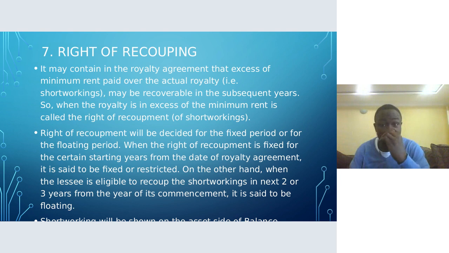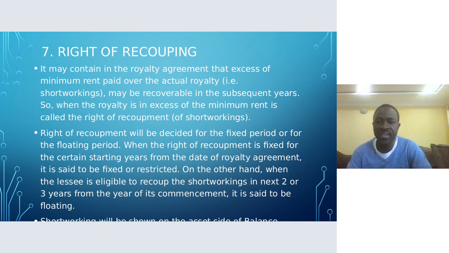Now, the right of recoupment will be decided for the fixed period or for the floating period. When the right of recoupment is fixed for a certain number of years from the date of royalty agreement, it is said to be fixed or restricted.